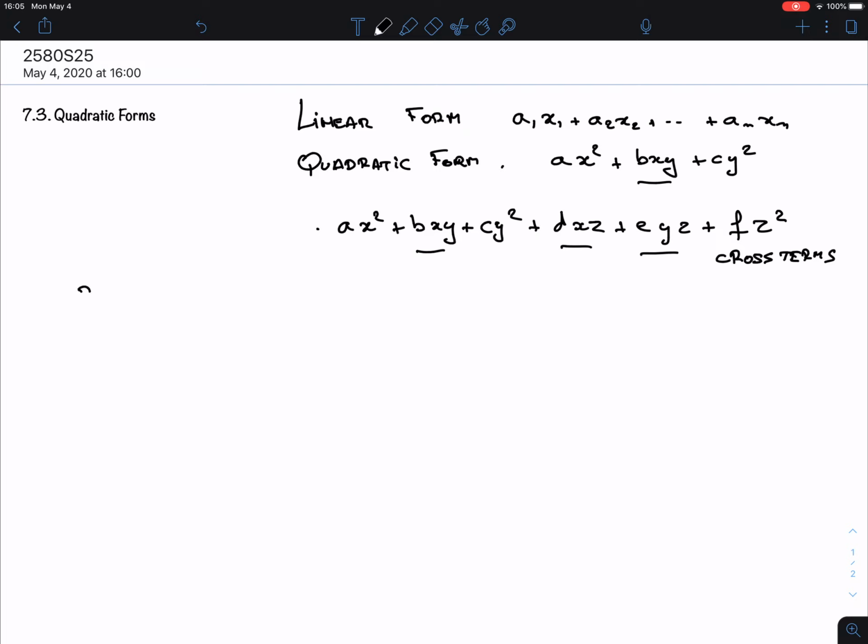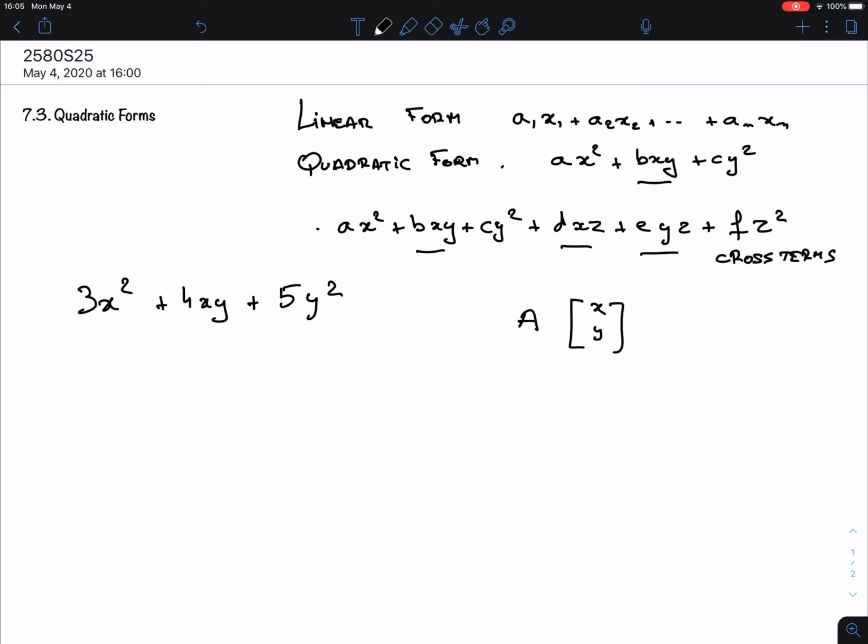So suppose we have the example 3x squared plus 4xy plus 5y squared. Okay, so what I want to do is, first of all, I have my, we normally write columns, right? X, Y. So we have this column. Now here we want to put a matrix, but if I work this out, what am I going to get?